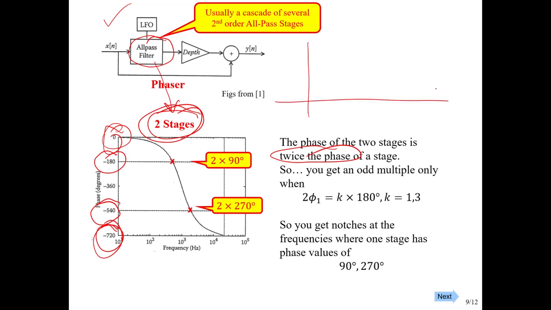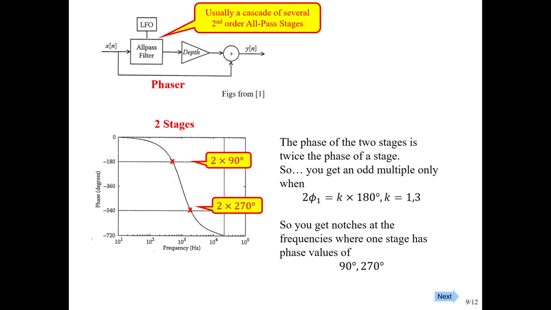So if we were to draw this, we'd have a notch there and a notch there. So this would be at this frequency, and this would be at the frequency where that is occurring. And the other thing that I've notated on here is how we get those. So these phases over here are the phase of a single stage, that each stage that's making up that cascade of two second order all pass stages.